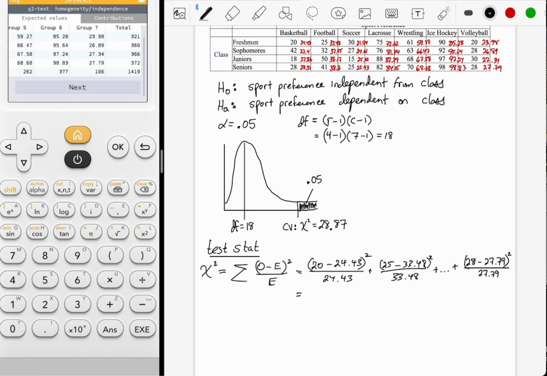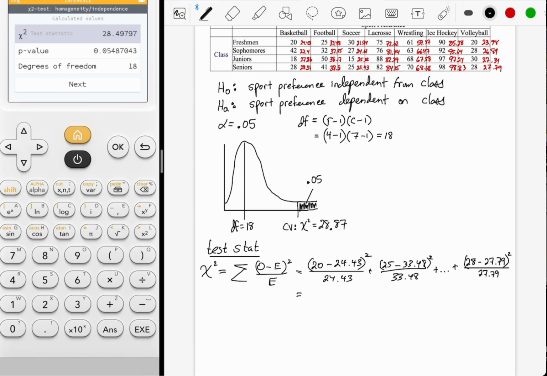Then, next, it gives you the chi-square test statistic of 28.498. Now that would fall just shy of the shaded region. So actually I created a really awesome problem here. Been known to happen.